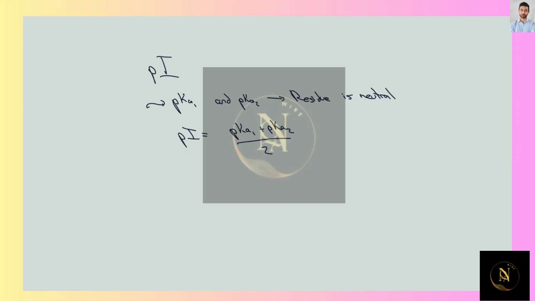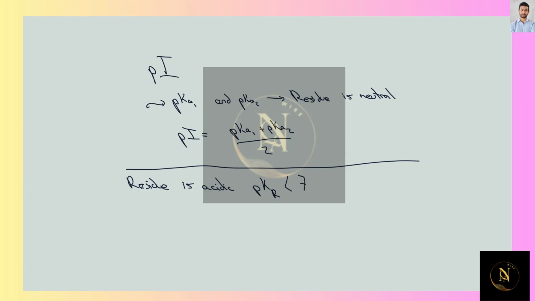The other scenario that we may have is when the residue is acidic. That means that the pKa of the residue, or pK residue, however you have it, in this case from the table, is lower than 7.